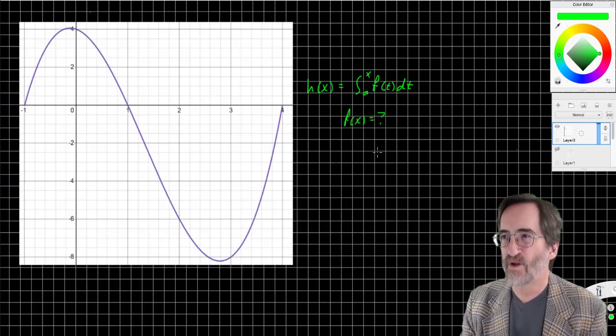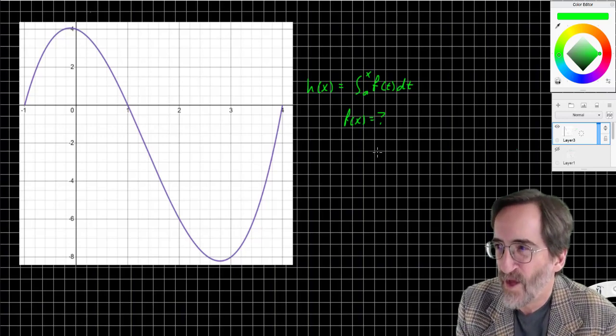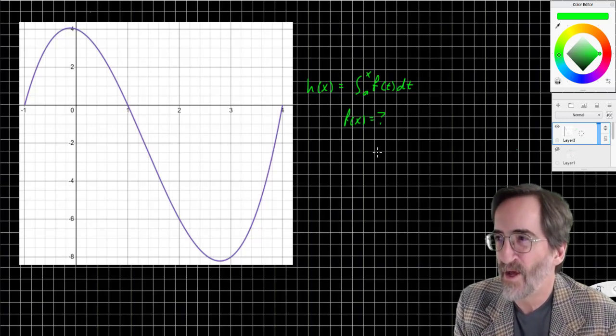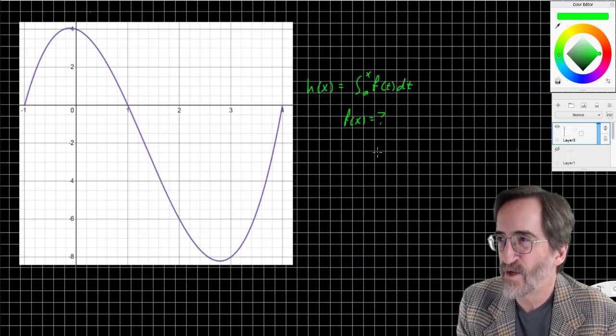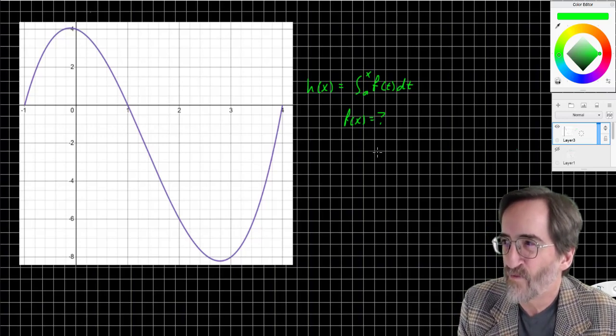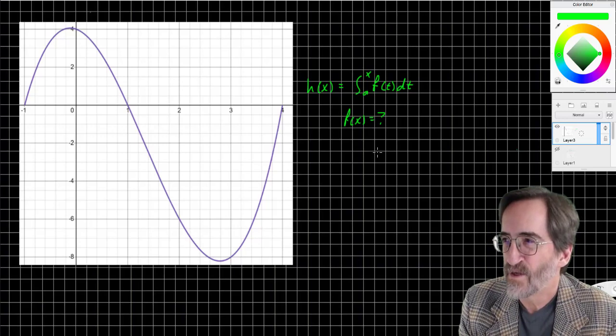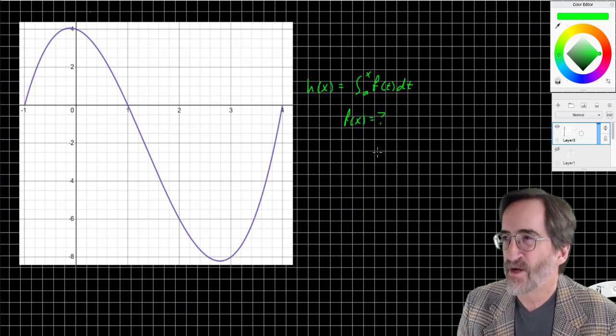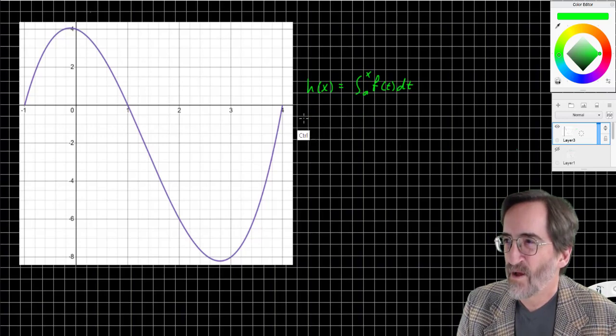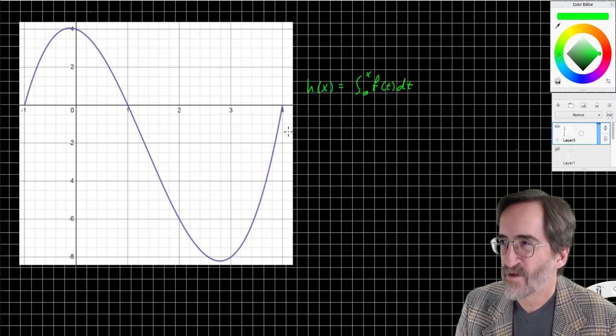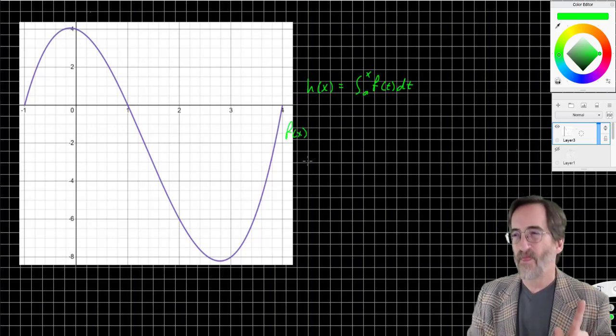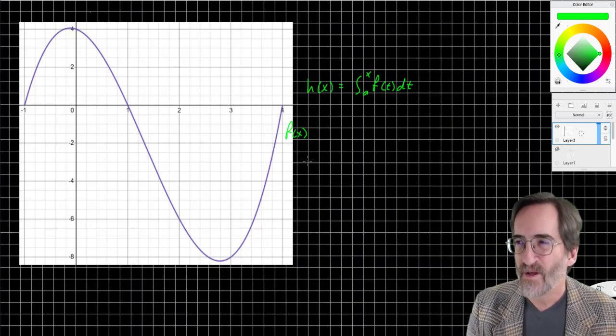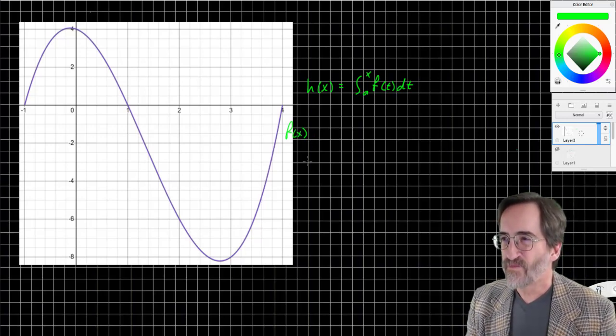Because if we differentiate h of x on x, we're going to end up with the fundamental theorem of calculus being, actually, I'm thinking backwards. This is f of x. Right? Let me think about this for a second. Right. So we've got f of x, and we want to find h of x.